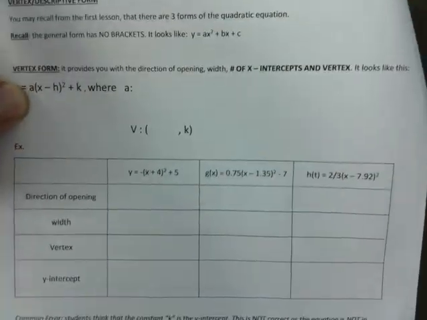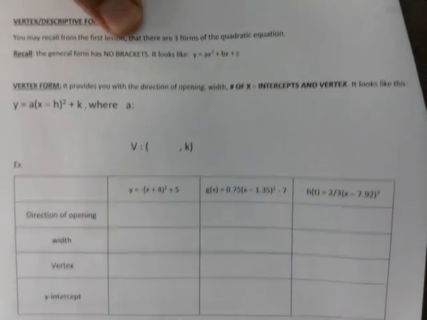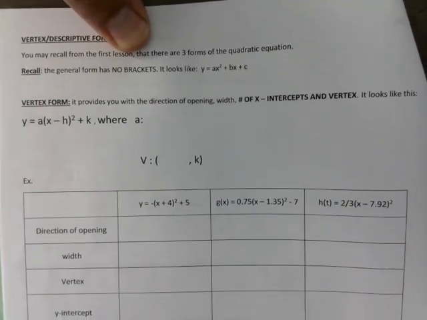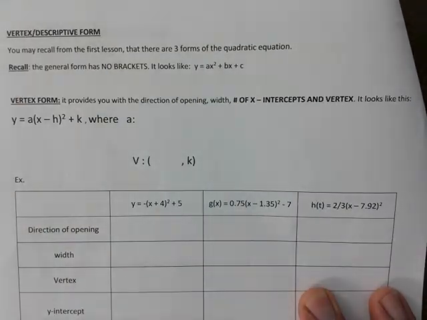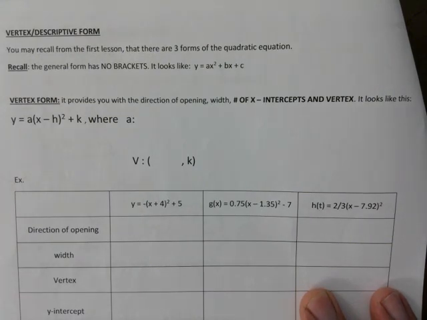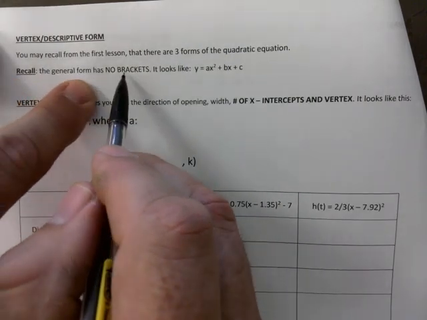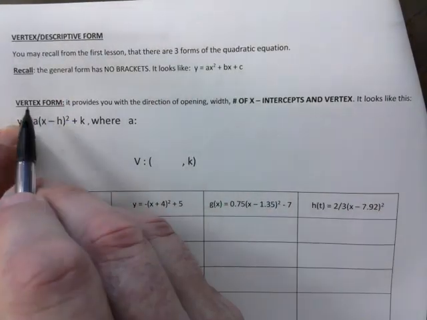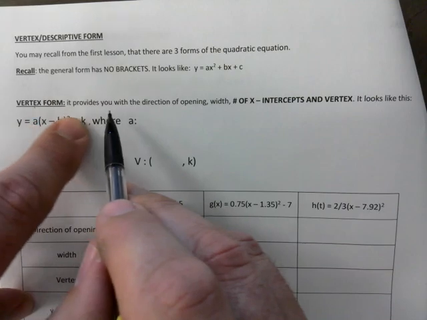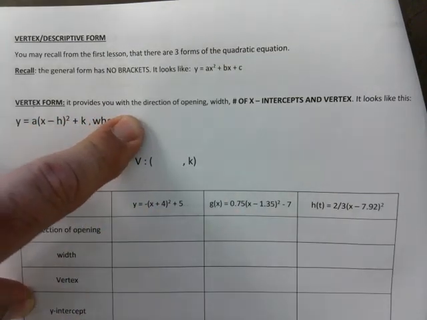And we already have talked about the vertex form. You've seen it, but now we're going to zoom in a little bit more. I know you're excited. You can't wait to hear this, okay? Recall the general form has no brackets. It looks like that, but the vertex form provides you with the direction of the opening, right?